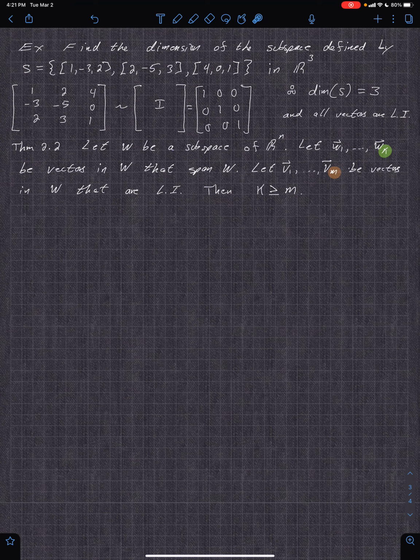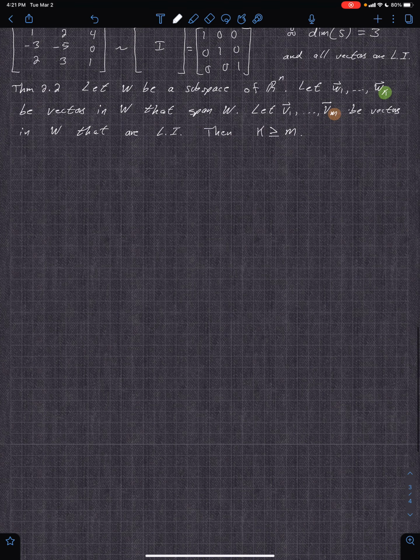Now, the corollary puts this all together. The result of this theorem says that the number of elements in a basis has to be the same. So bases contain the same number of vectors, or the dimension is the same.